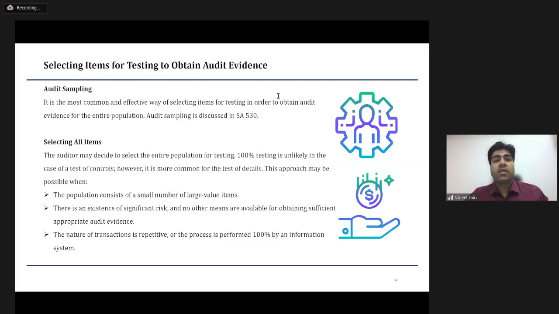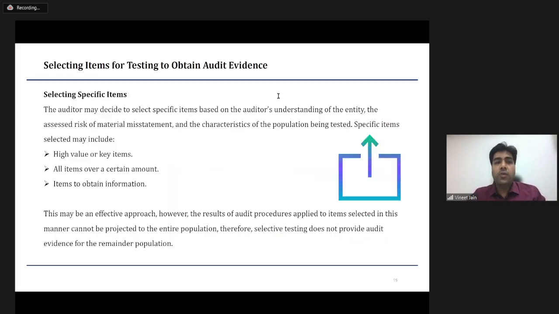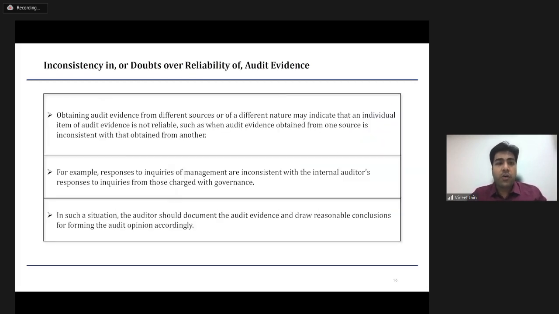So this was about the third aspect of today's deliberation, which is selecting items for testing to obtain audit evidence. Now we are quickly moving towards the last aspect of SA 500, which is inconsistency in or doubts over reliability of audit evidence.